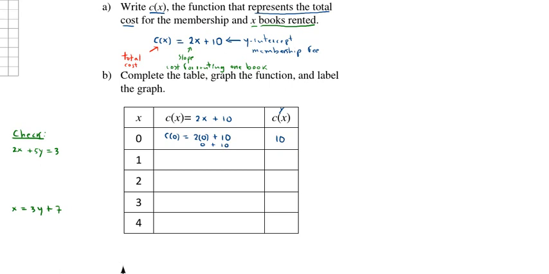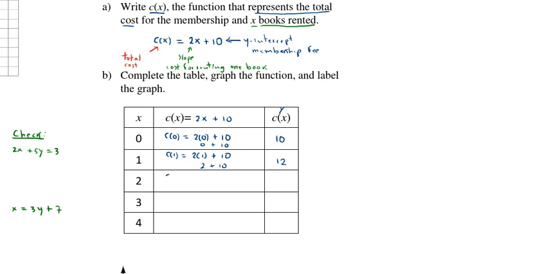And then if you do rent one book, then C of 1 would be 2 times 1 plus 10. 2 times 1 is 2, plus 10 is 12, and it does make sense because you have to cover the membership and the cost of renting one book, and we know that renting one book costs $2, so it's 12.